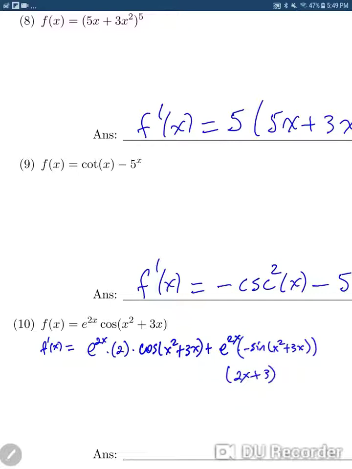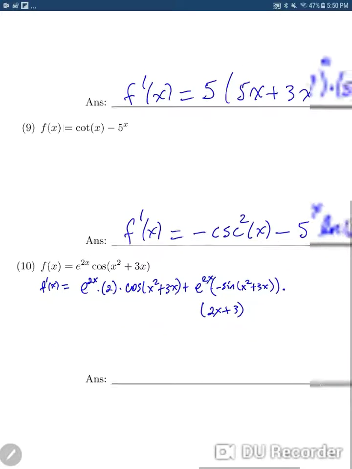So the derivative of cosine of x squared plus 3x is again a composite of two functions. I'm applying the chain rule. The minus sine of what is inside multiplied by the derivative of the inside.